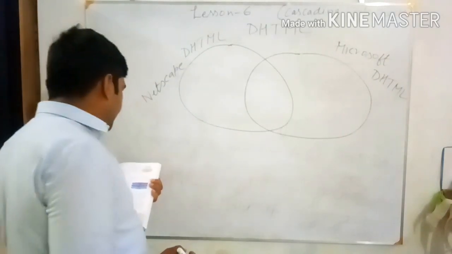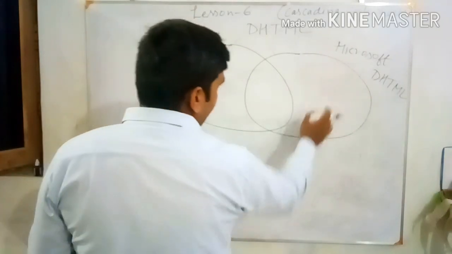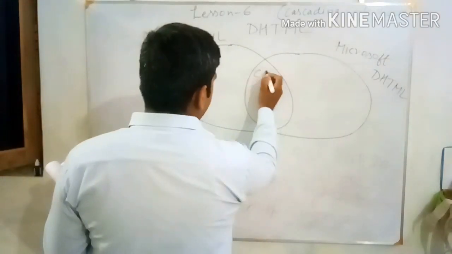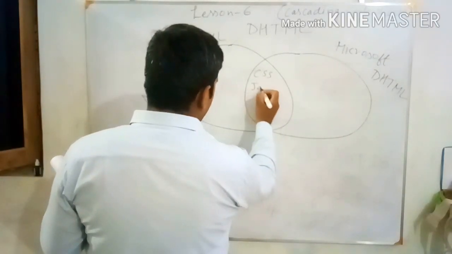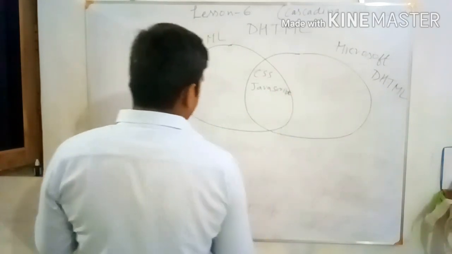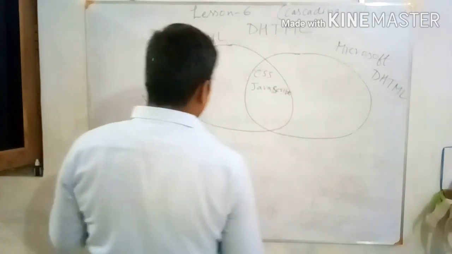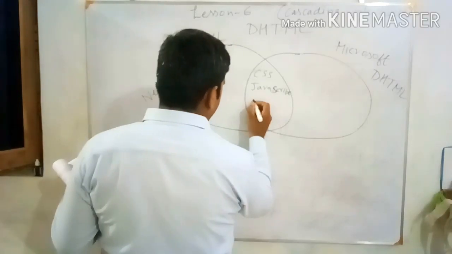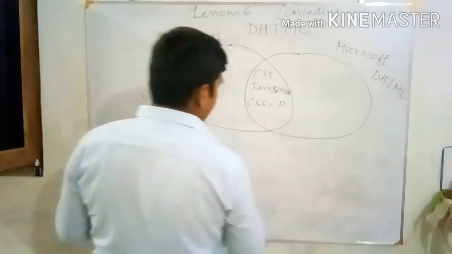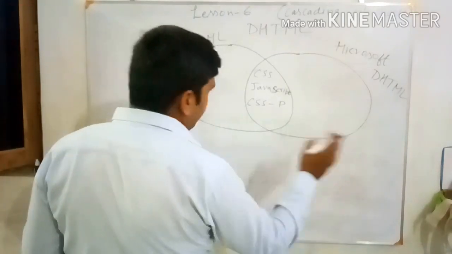Now see what does it include? What are the common things in the Netscape DHTML and the Microsoft DHTML? In both, the common languages are CSS, JavaScript, and CSSP. These three are common in the Netscape DHTML and the Microsoft DHTML.